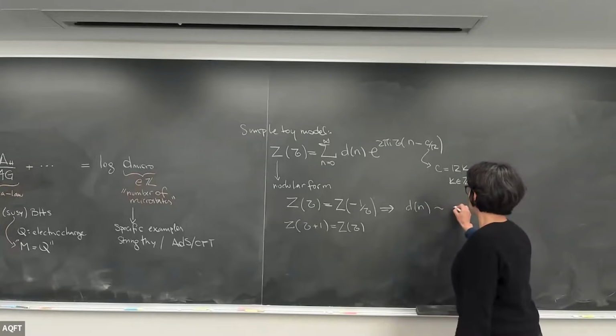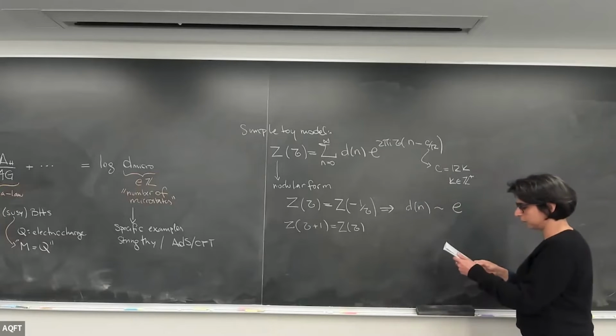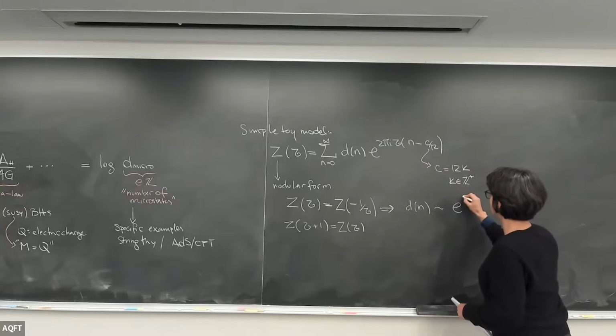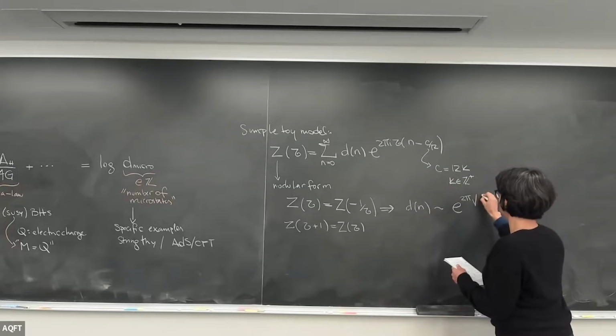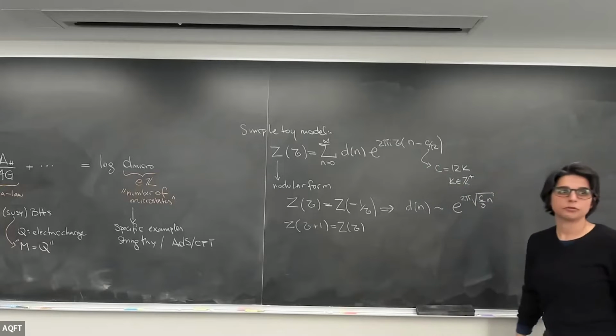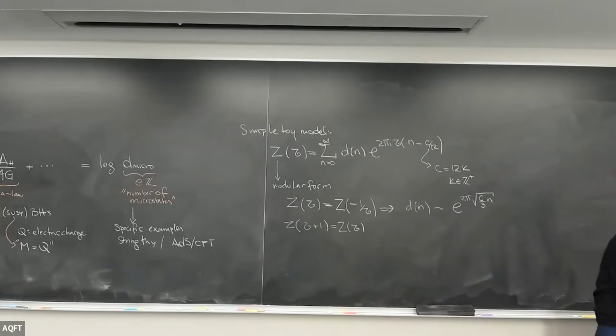And the behavior of these numbers asymptotically, in this notation that I'm using here, is given by 2 pi c over 3 times the square root of n. In physics, we call this the Cardy formula. It's the Hardy-Ramanujan-Rademacher formula from the mathematics point of view.